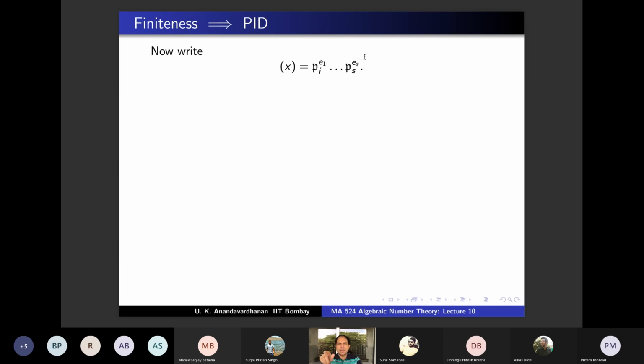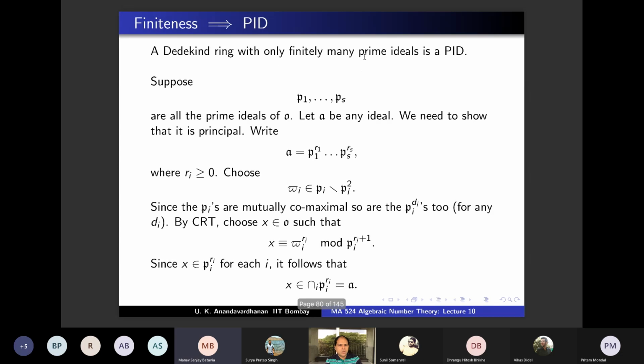So this is contained in A, right? Because x belongs to A, the ideal generated by x is contained in A. So P1 power E1 dot dot dot is contained in P1 power R1 dot dot dot. So what can you say about Ei and Ri? I haven't said anything else, I have just chosen X like this.